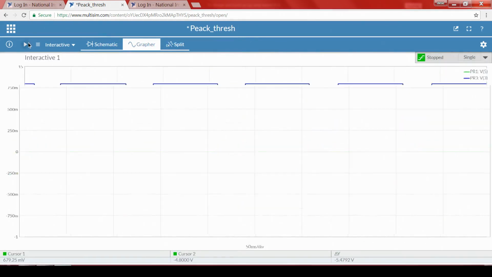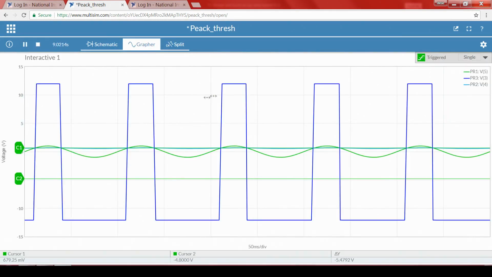So, grapher. Now, see what is happening. When we observe, C1 is at 679 millivolts. We require 666. Now, we see the output becomes higher only when the input is greater than this particular threshold. Now, what is the other color behind C1? That is our blue color, that is for the threshold.